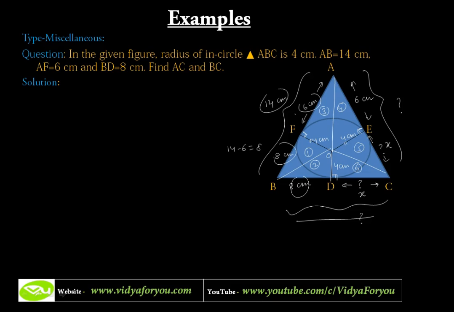So with that keeping in mind, our semi perimeter will be like 8 plus 6 plus 6 plus x plus 8 plus x. So if you see, we talked about this side and this side, divided by 2. So it will be nothing but 8 plus 6 plus x by 2, that is 14 plus x by 2. That is the semi perimeter. Now using this formula we can find the total area also.